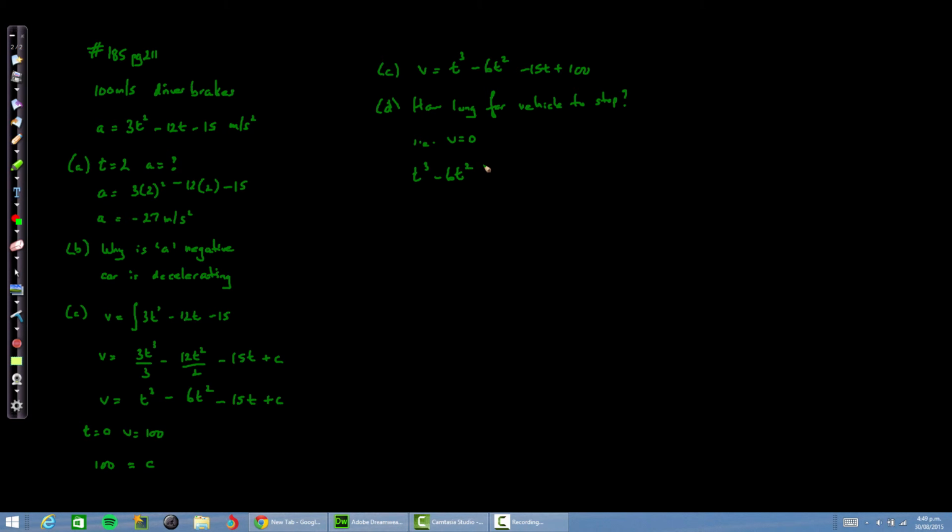Now there are certainly numeric methods you could use here, or algebraic methods to solve that, but I've just grabbed a calculator and got two answers, t equals 5 and negative 4. Now since t equals negative 4 is before we started timing, the only sensible solution here is t equals 5.